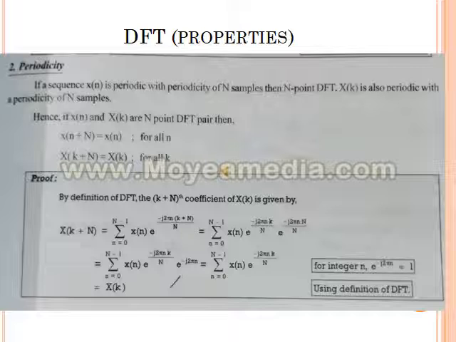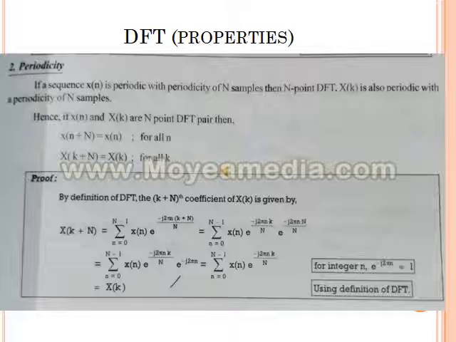So by definition we know that the DFT, that is X[k], is equal to the summation n equal to 0 to N minus 1 of x[n] e raised to the power minus j 2 pi nk by N. Now we have to take the DFT at k plus N. On the left hand side we have replaced k by k plus N, so whatever the value of k on the right hand side, we have to replace that by k plus N. So we get X[k plus N] equal to the summation n equal to 0 to N minus 1 of x[n] e raised to the power minus j 2 pi n(k plus N) divided by N.